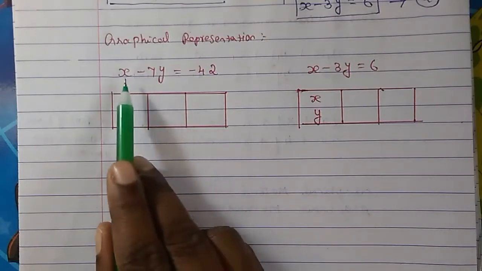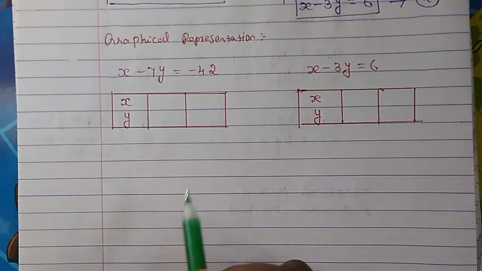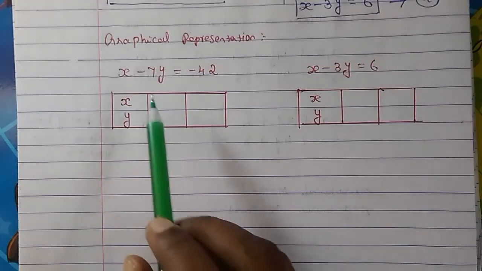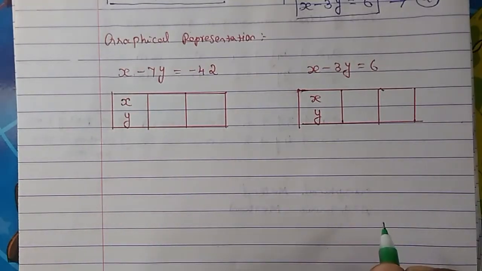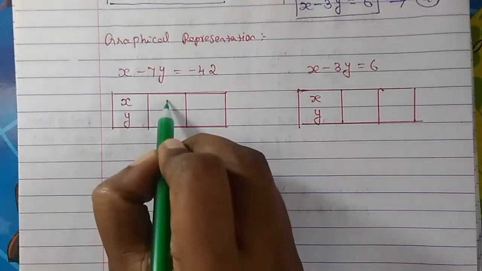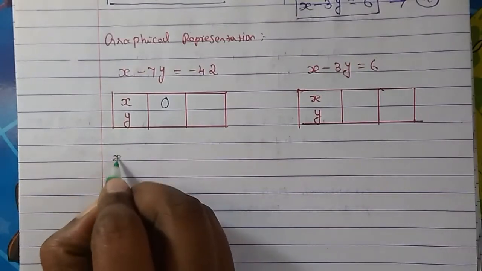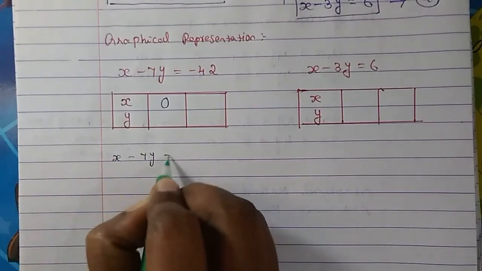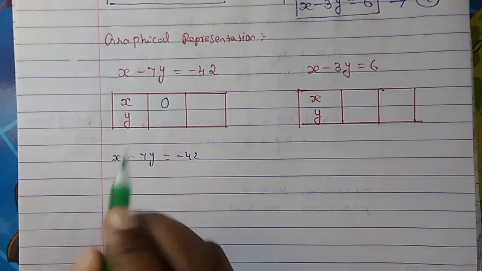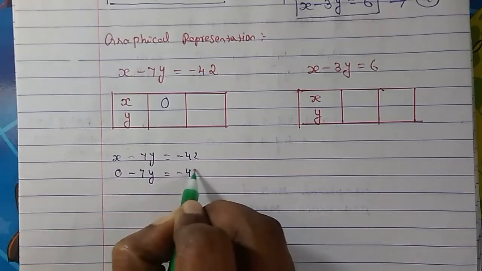So first, this is very important, this box to do, but the calculation you can do mentally also. If you cannot do it, then you can do it roughly behind the pages, but here I am showing you. For example, if I take x as 0, so let me put it in this equation, x minus 7y equal to minus 42. So x I have taken as 0, minus 7y equals minus 42.